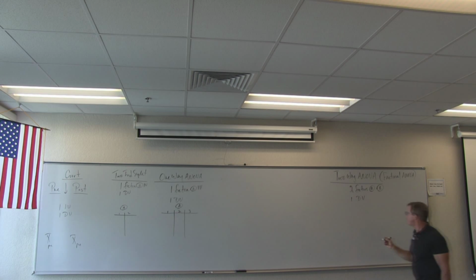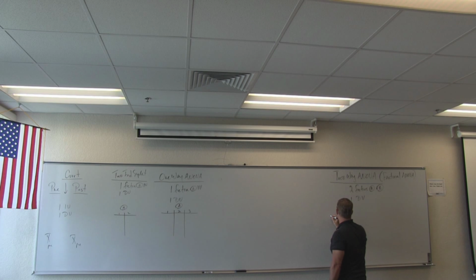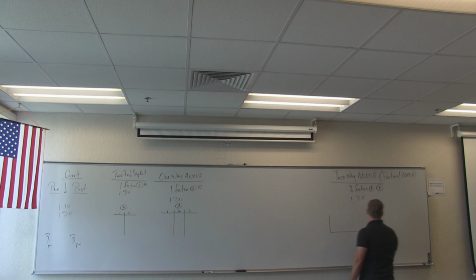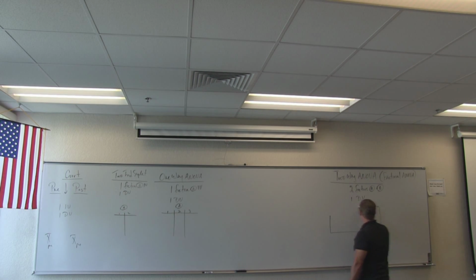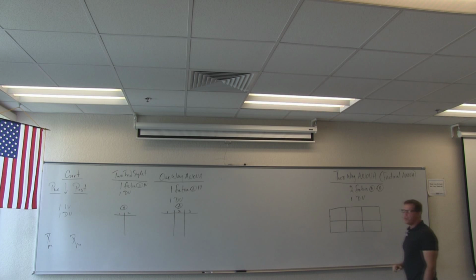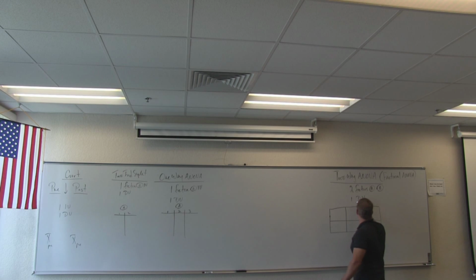So a typical factorial design might look like this. In a lot of cases, it's presented in block form because it's kind of easy to visualize. This is a two-dimensional analysis, A dimension and B dimension. We have factor A and B.